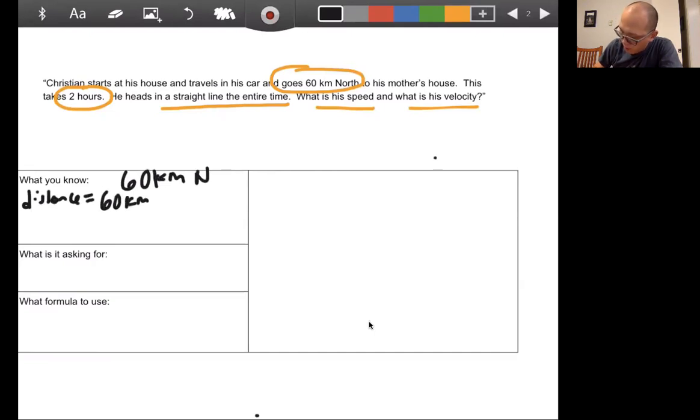Or, that also could be thought of as a displacement because it said very clearly what the direction is, and it's a straight line. Christian never turned around. So the displacement is 60 kilometers north. There's one more important piece of information here. This takes 2 hours. What is that? That would be the time, 2 hours.